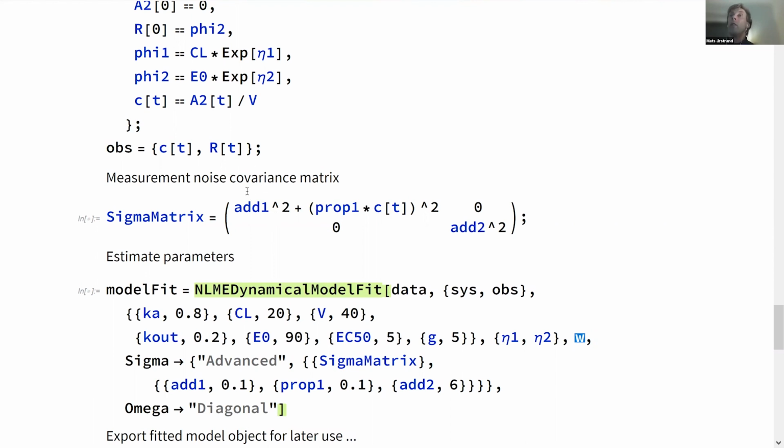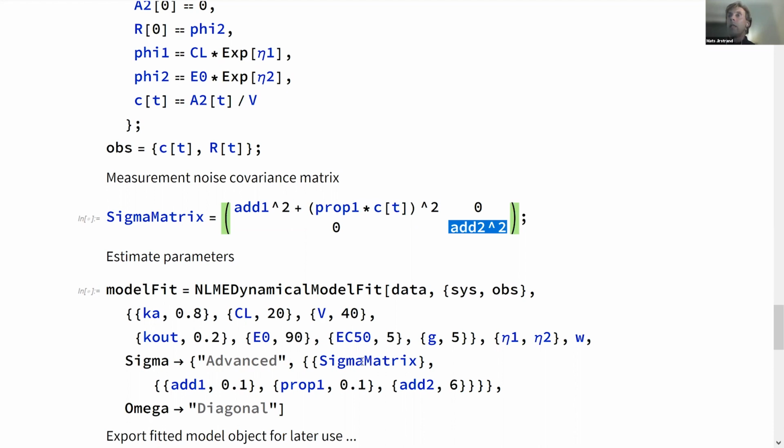When it comes to the measurement noise processes here, we specify those by telling what measurement noise covariance matrix we have. In this case, we had some additive noise, and we have some proportional noise here for the concentration term, and for the response term there's only an additive error, so we get an essentially constant covariance.